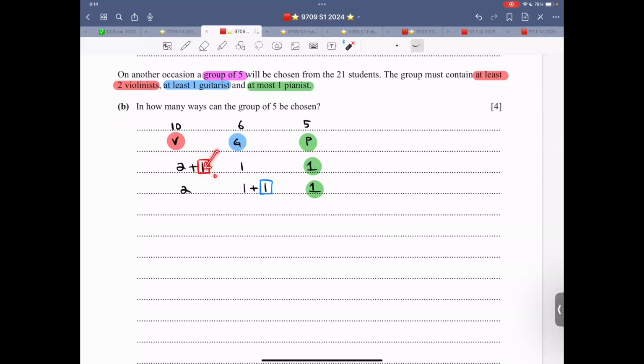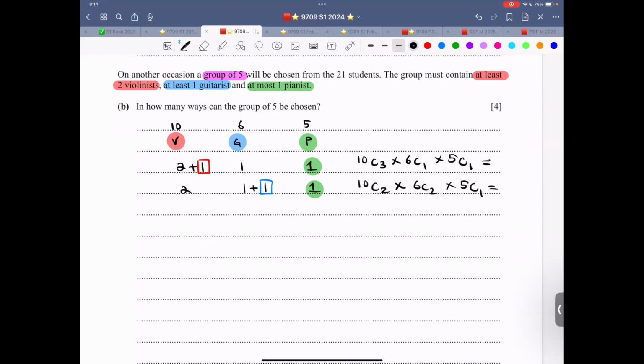Let me add that 1 over here. So let me write these 2 options first. So therefore, this is 10C3 into 6C1 into 5C1. I'll do the calculation later. And this is 10C2 into 6C2 into 5C1. I'll do the calculation later. So therefore, this is 311 and 221.